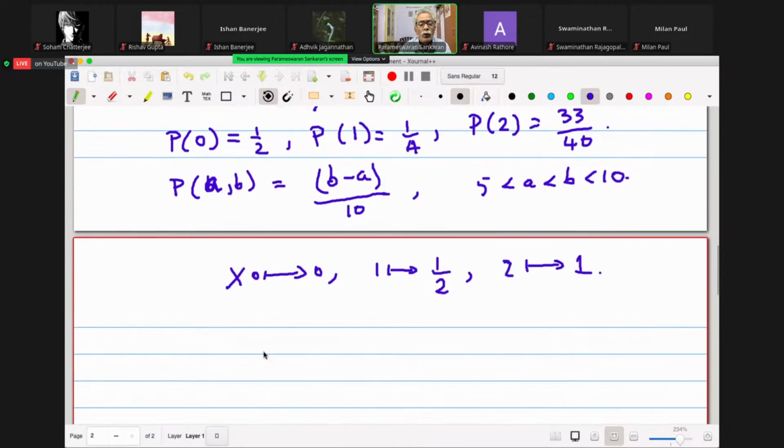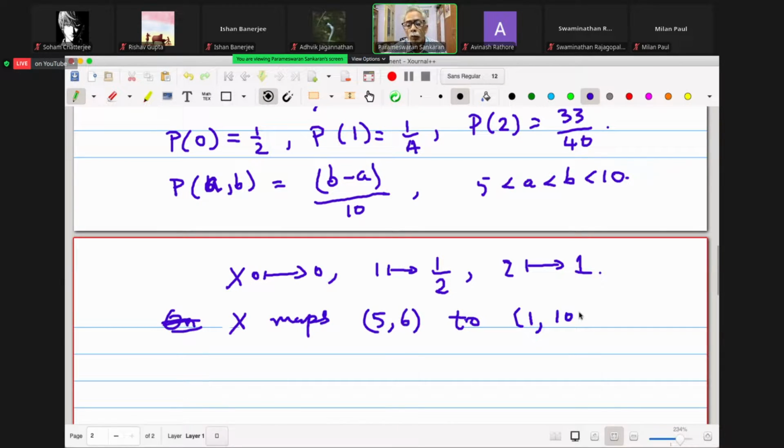So on 5, 6, X is given by, so X maps 5 comma 6, keep it simple, to the open interval 1 to 1001 by 1000.